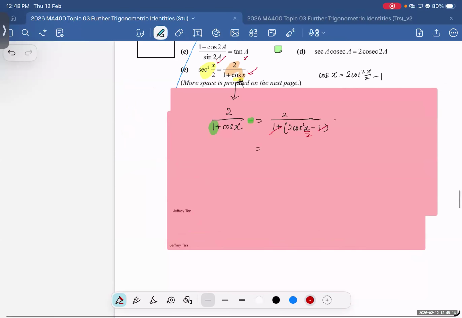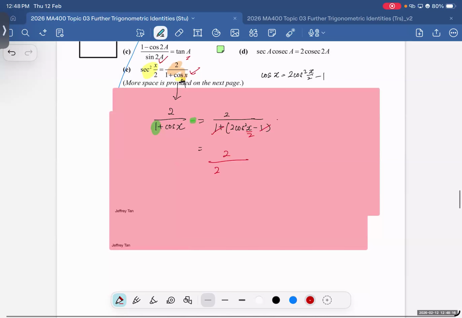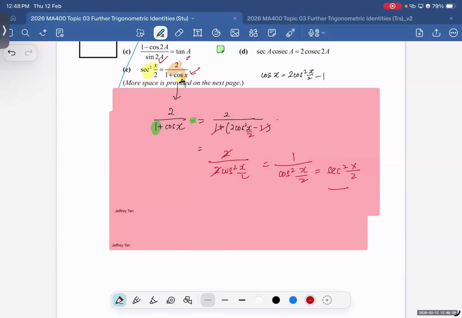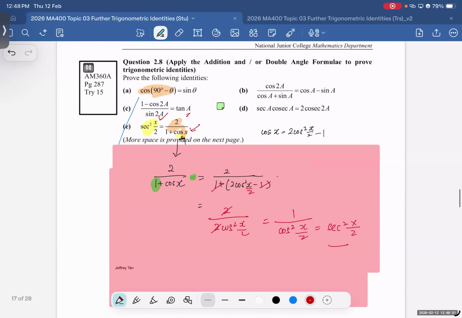So from there, 2 over 2 cosine square x over 2. Cancel. It is 1 over cos square x over 2. It's the same as secant square, because 1 over cosine is secant. Okay, so far. I can still use the double angle.